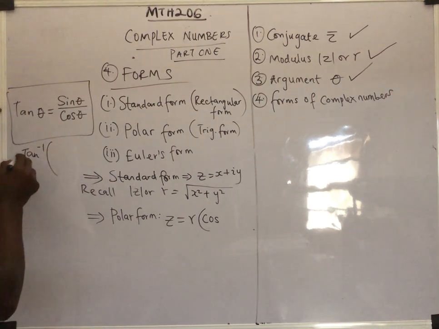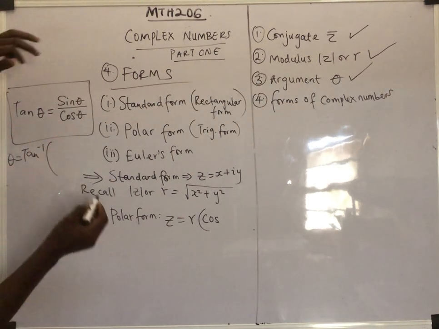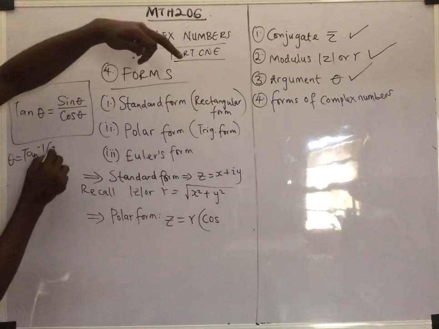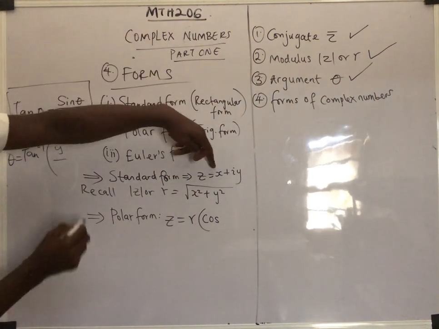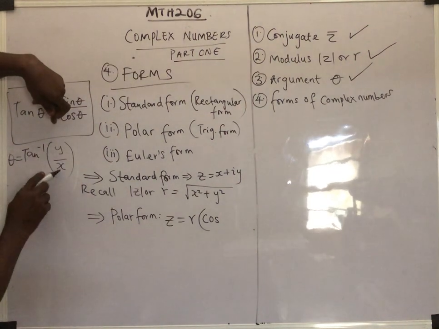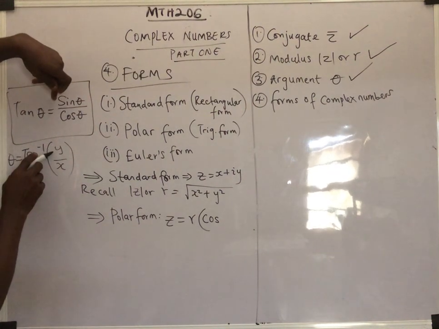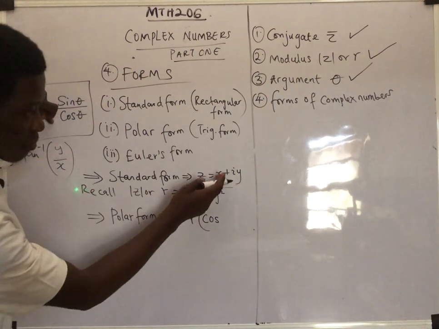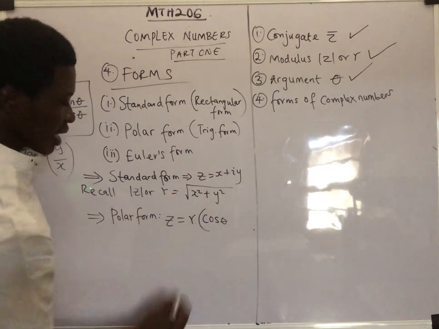We said that the argument is equal to tan inverse, and we started with the imaginary part, y, before x, which is to say that y is sine and x is cos. So what is coming first is cos. So we'll say r cos theta.